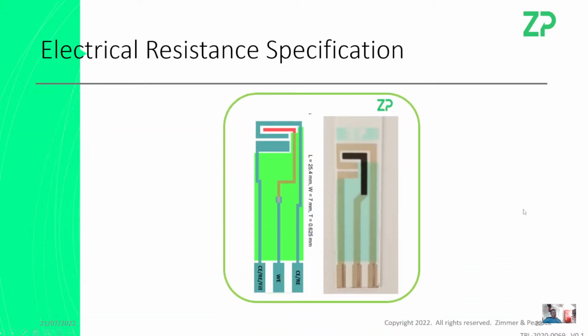The other thing that comes up quite a bit is people will ask for electrical resistance along these tracks. With electrical resistance, a rule of thumb is it's good to have lower resistance. Higher resistance can end up distorting your signal, but it's also about consistency of resistance.